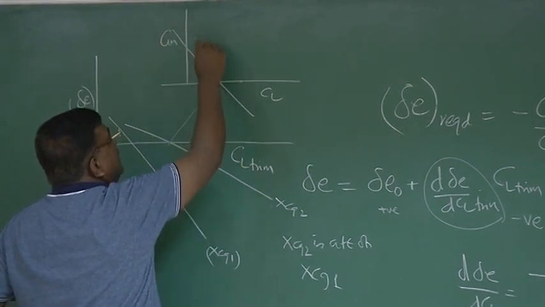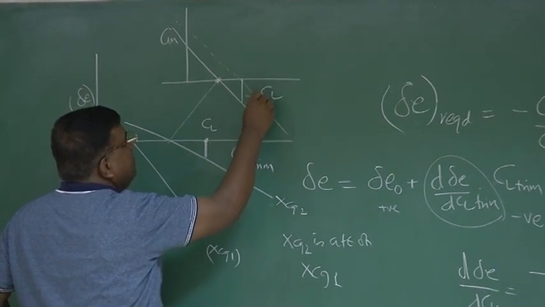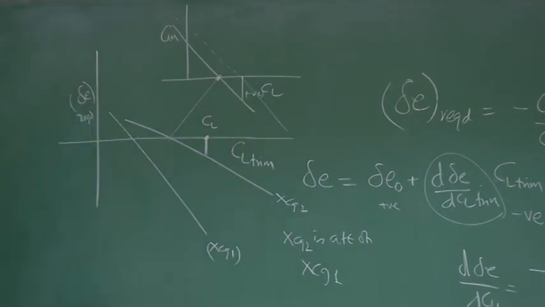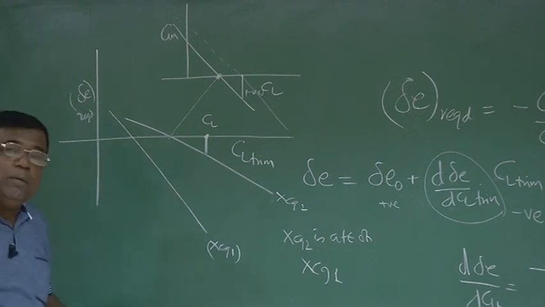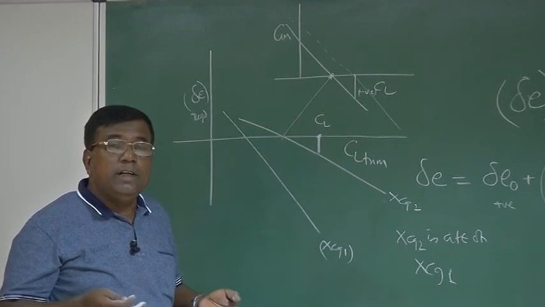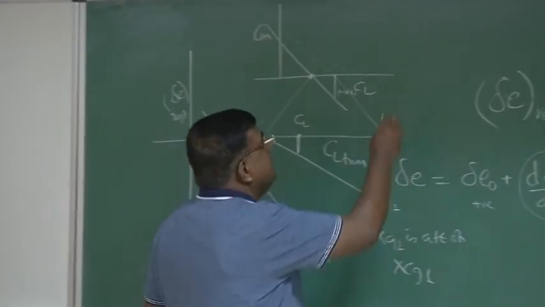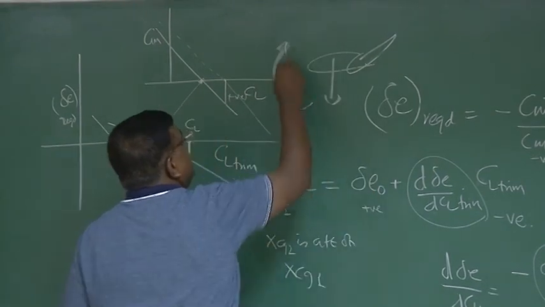This much of negative pitching moment will be generated. So to counter that negative pitching moment, you have to generate positive pitching moment. And how will you generate positive pitching moment? By giving elevator up, isn't it? Elevator up will give us positive pitching moment about CG.